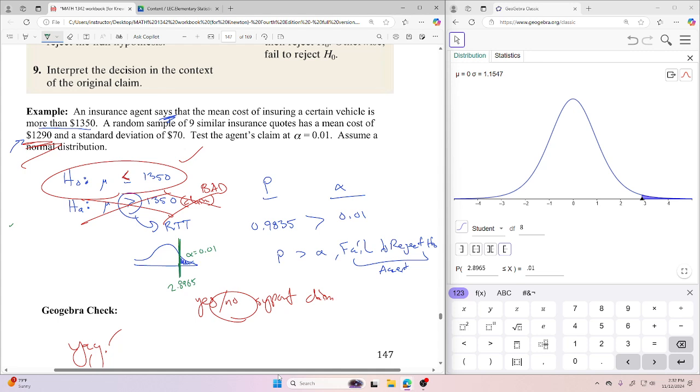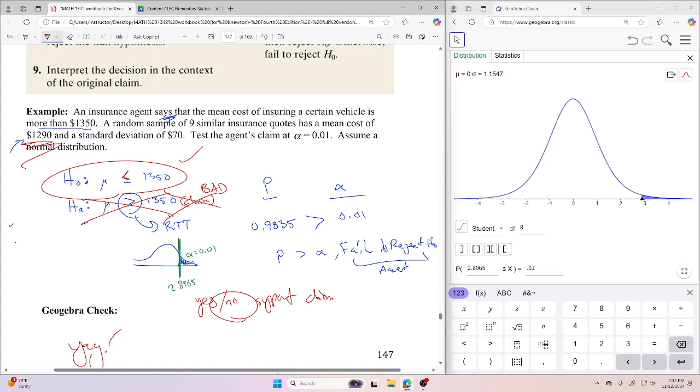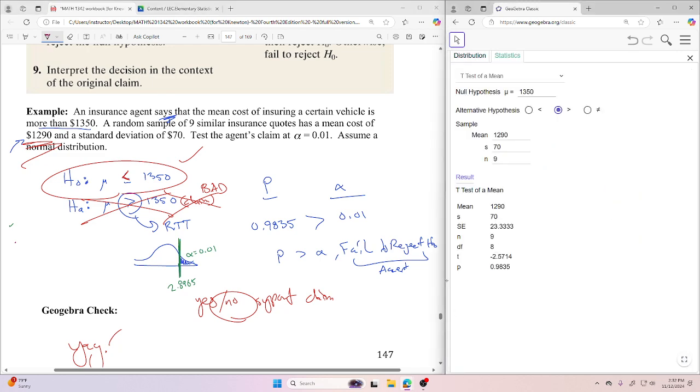So far, so good. Again, this is stuff that I don't want to have to do, but sometimes they'll force us to. If we go back, ours was negative 2.57. So that's over here, negative 2.57. Am I inside the rejection region? No. Fail to reject.